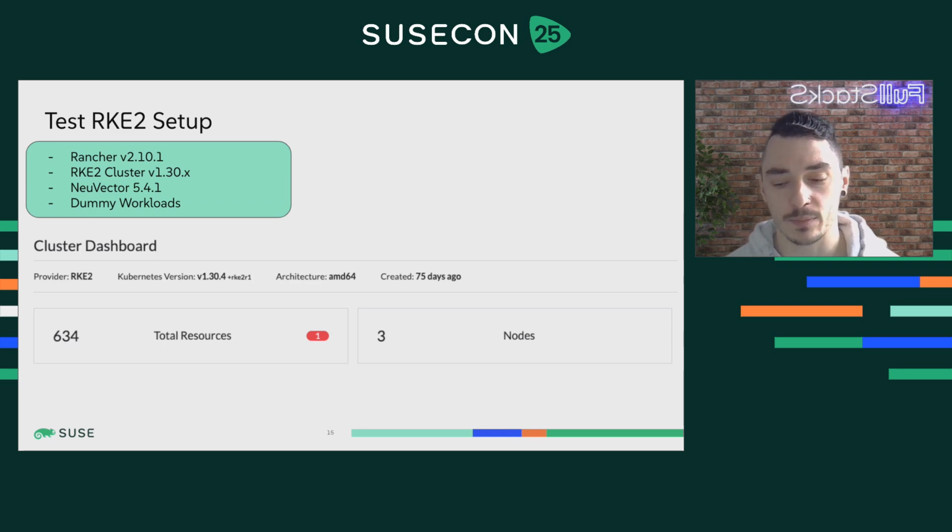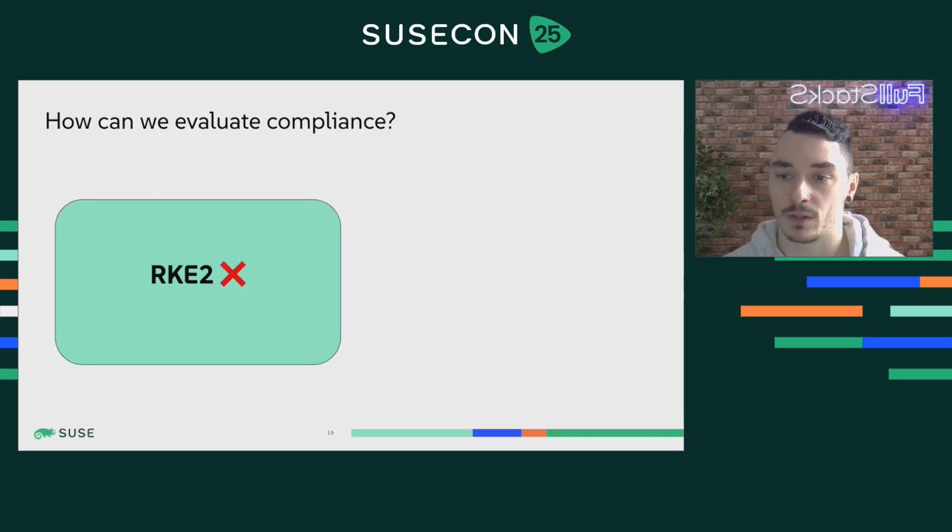Now, to demonstrate this case here, I created a test RKE2 setup with our lab Rancher, which is of the most recent version. I also installed SUSE Security (NeuVector) in the most recent version, and I deployed some dummy workload just to make it more realistic. Now, the question comes, how can we actually evaluate compliance?